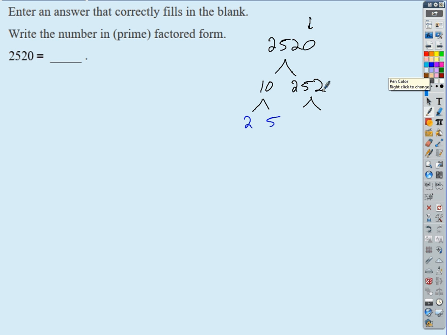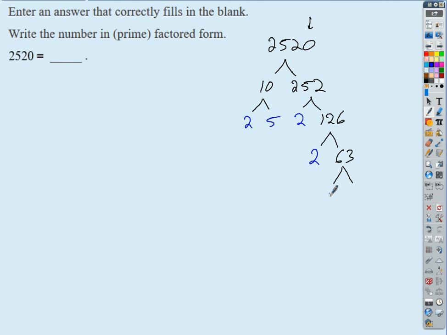But the fact that that's an even number gives you a hint on one of them. 2 and... Well, you tell me, half of 252 would be 126. There you go. Okay, that's even. So I could get a 2 again, and then that's going to be, what, 63? Which breaks up into what?